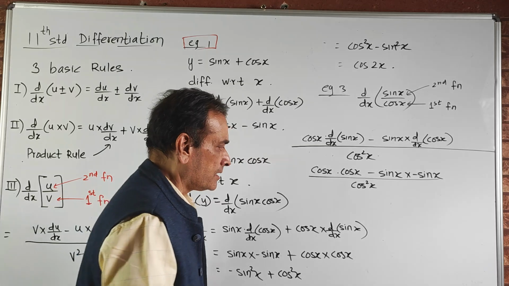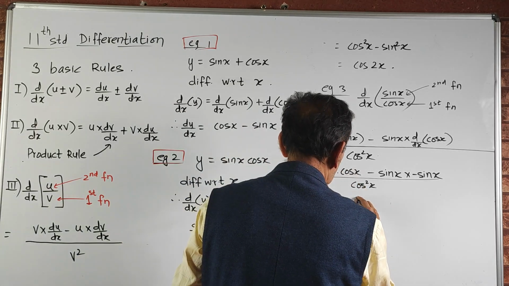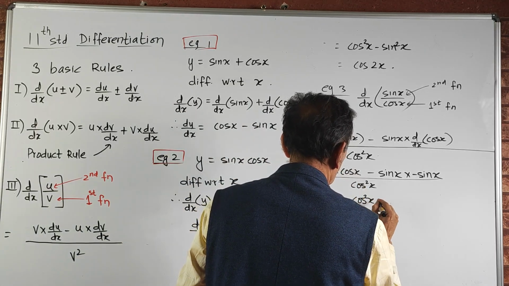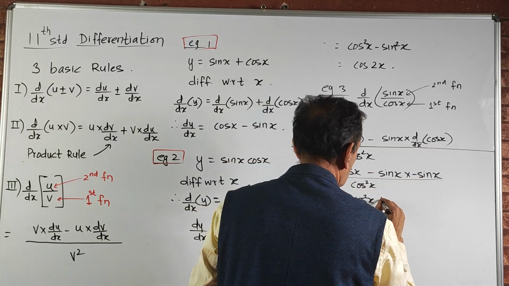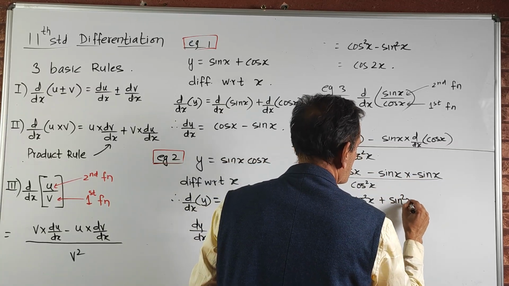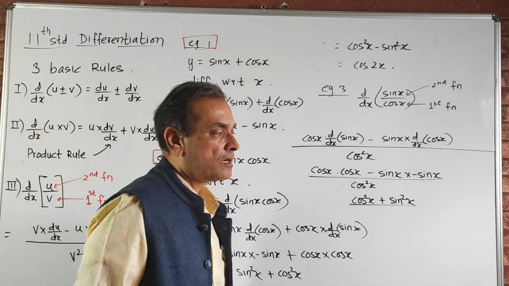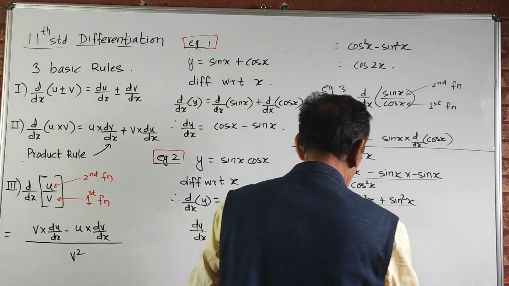Let us simplify further, cos x into cos x, cos squared x, minus into minus plus sin squared x upon cos squared x.